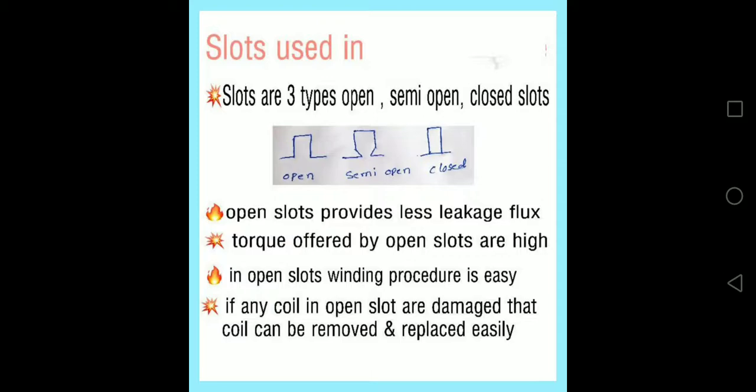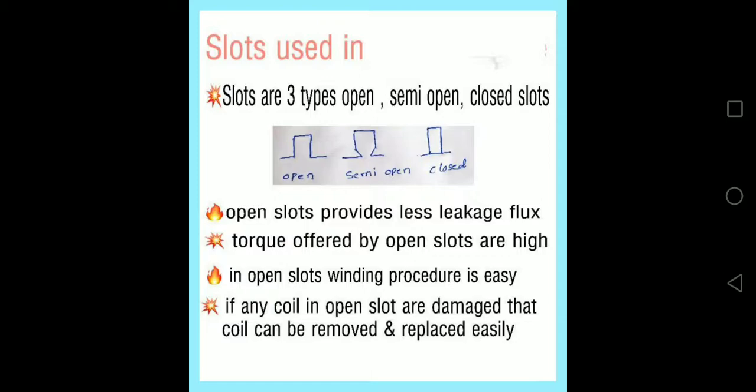Second point, because air gap is less, reluctance is less. Reluctance is less, so flux will be more, because phi equals mmf by reluctance.